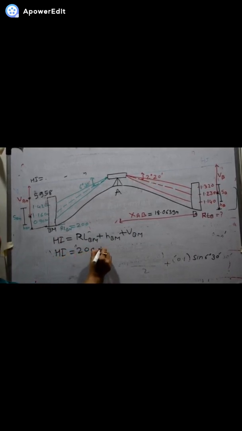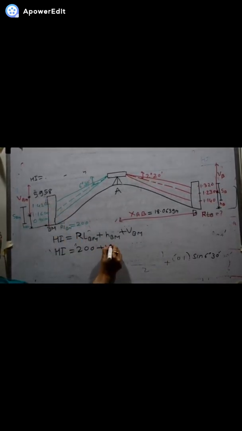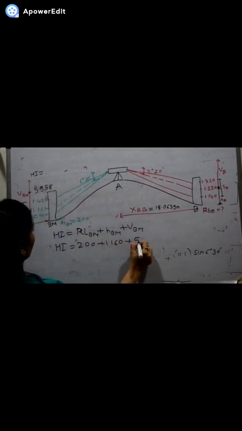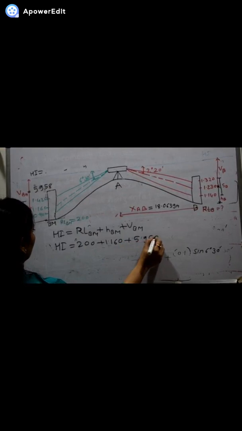So HI is equal to 200 plus H is 1.160 and V of BM is 5.958.